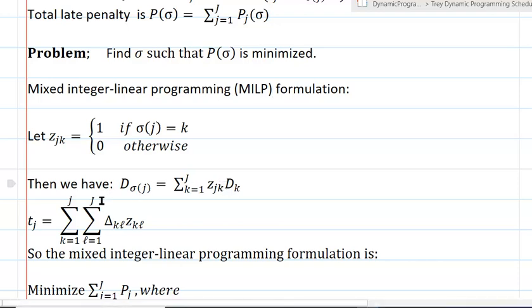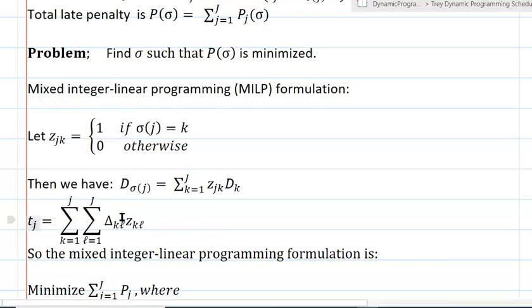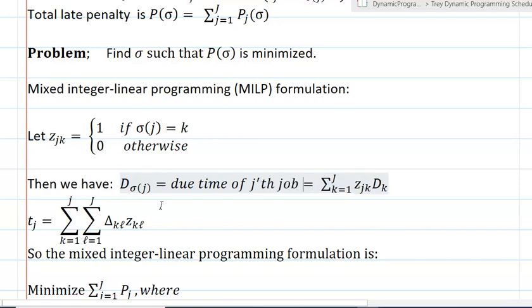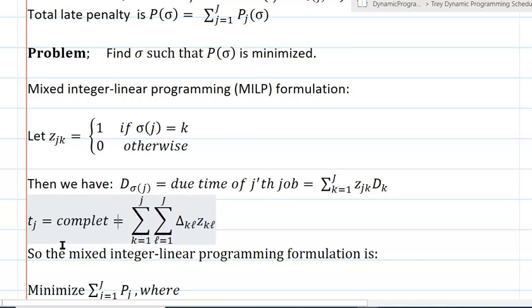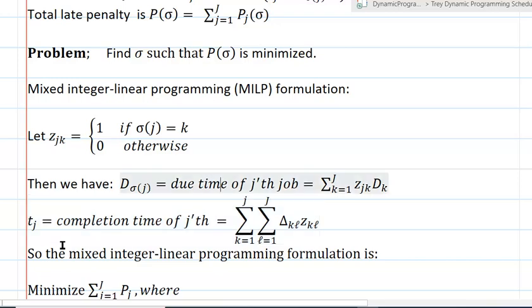All right, now I also want to find the actual completion time of the jth job. Now t_j is the completion time of the jth scheduled job.